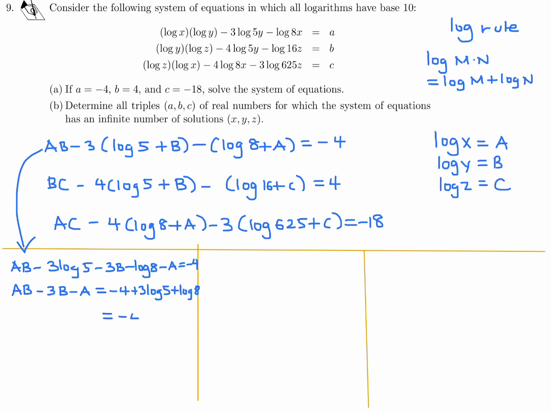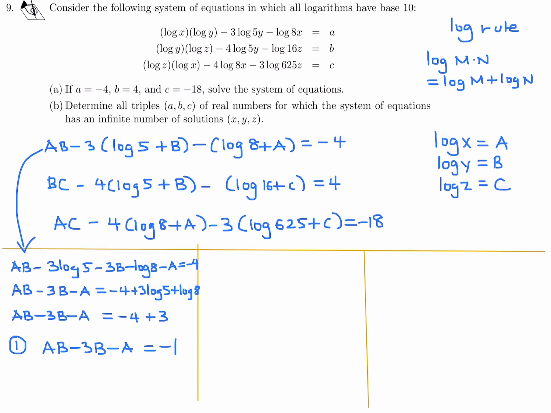So you just get minus 4 plus 3. So we now have equation number 1, which is that ab minus 3b minus a is equal to negative 1. So it works out very nicely.